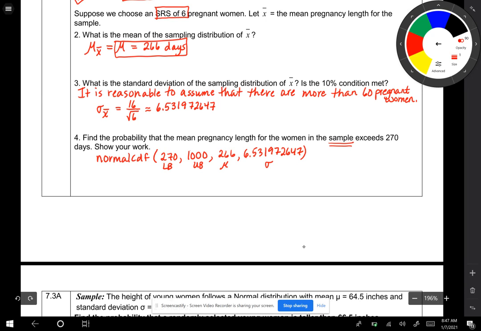And when I calculate that, I get 0.2701. So why is this probability so much smaller? Well, it all goes back to there's a lower spread. Your standard deviation is definitely lower. It went from 16 to 6.53. And so the lower spread means there's a lower probability.